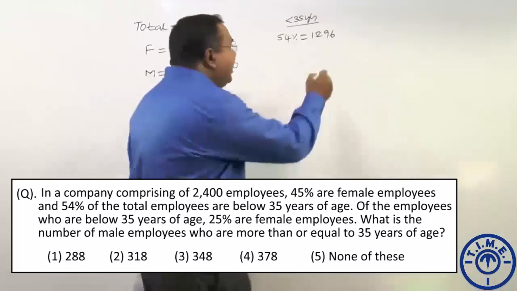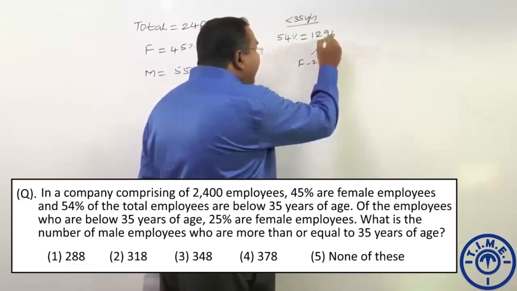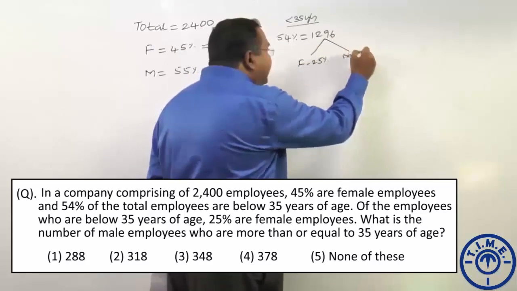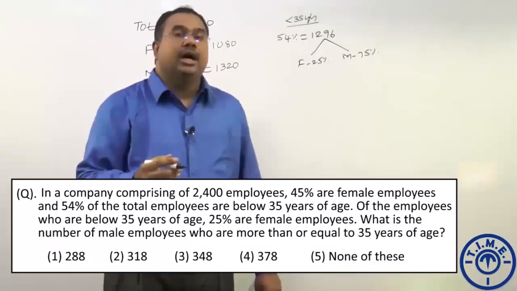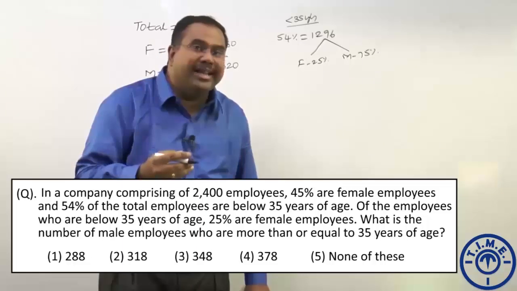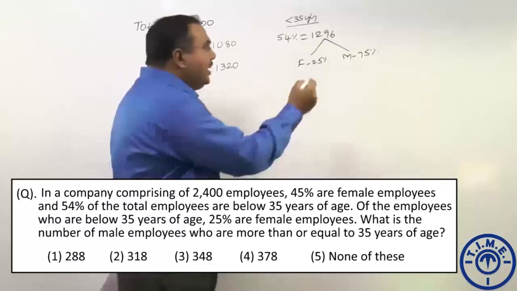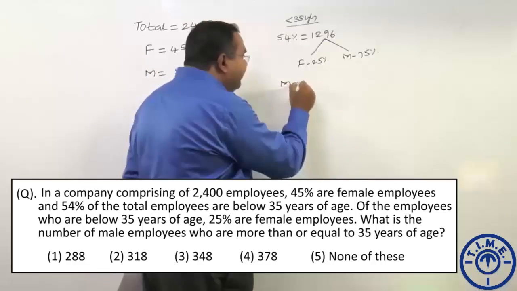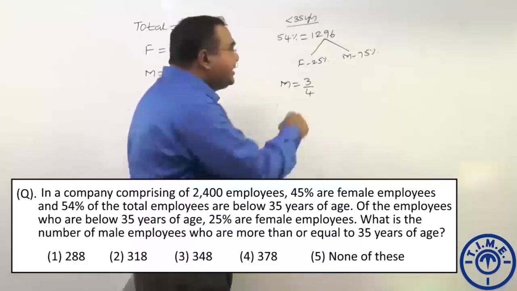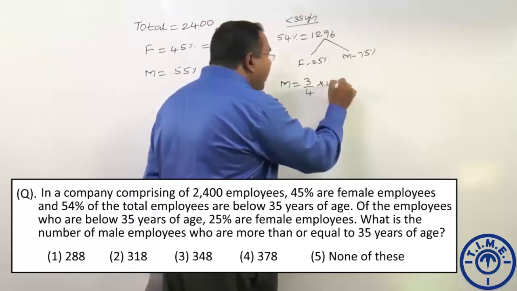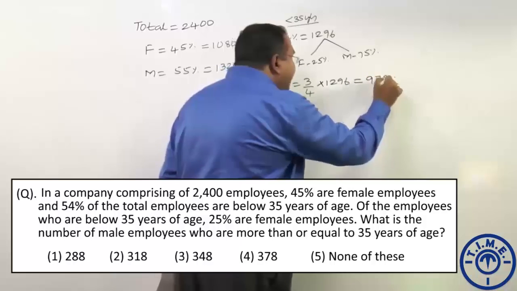In this, he has given females are 25%, then males will be 75%. The question is, how many are the number of males who are more than or equal to 35 years? Let us find out males here. Males is 35%, sorry, the males are 75%, that is 3 by 4 of 1296. This is nothing but 972.